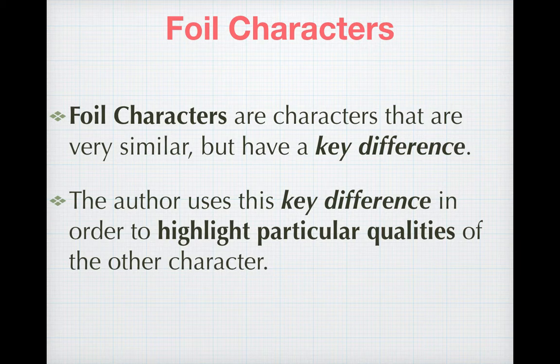Very similar characters, both have the capacity to see beyond, but they have a key difference, and I would say that key difference is the fact that Jonas is unwilling to live in the community once he knows what release is. The Giver knew what release was and he lived there for a long time. He continued to be the receiver of memory. So you see how they're very similar characters, but they have a key difference.